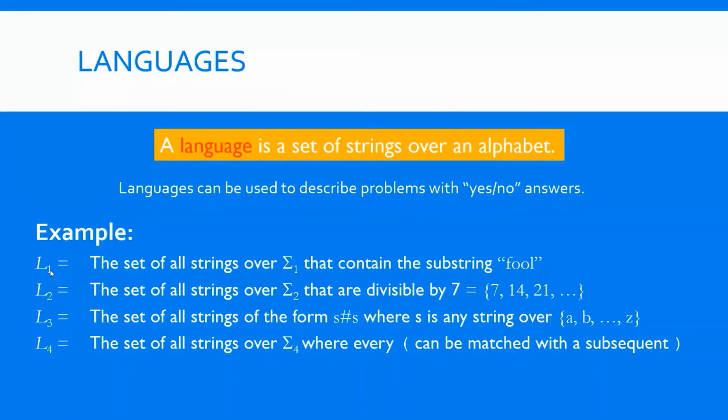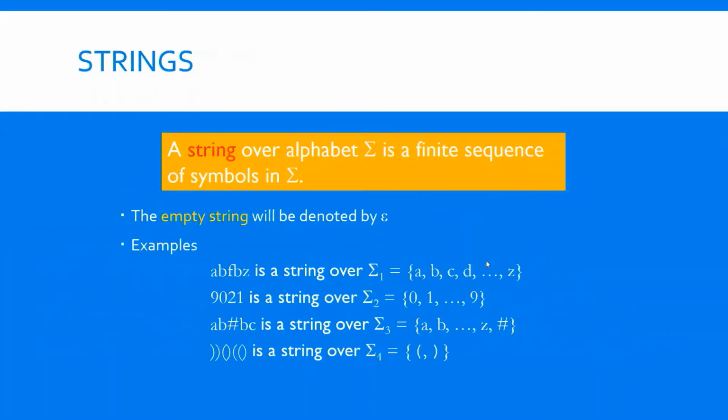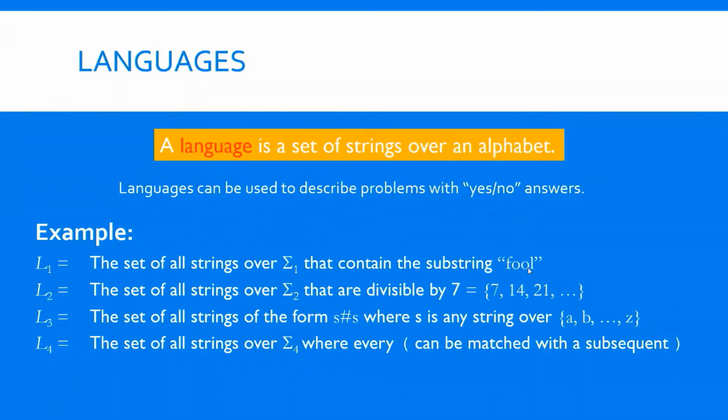Another problem we have written: the set of all strings over sigma 1 that contain the substring FOOL. So sigma 1 is this one. FOOL is a string. I hope you can construct the strings or the words where FOOL is a substring.